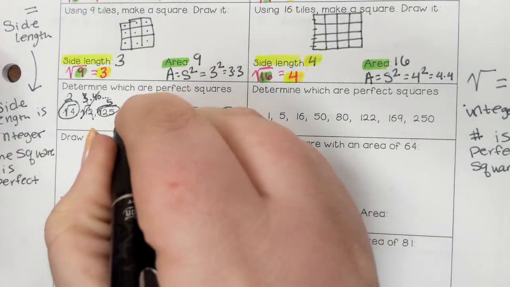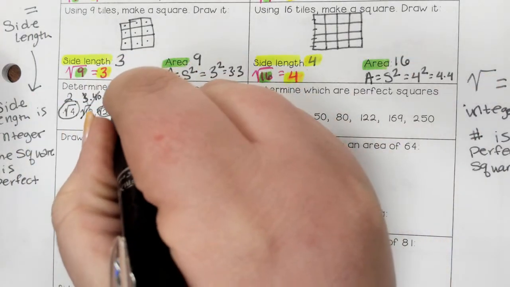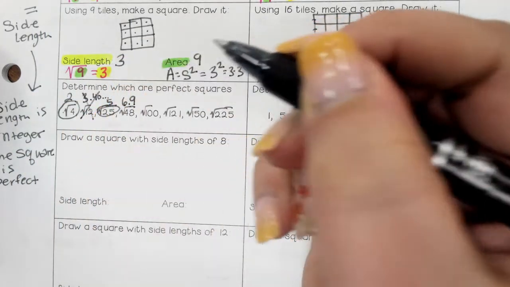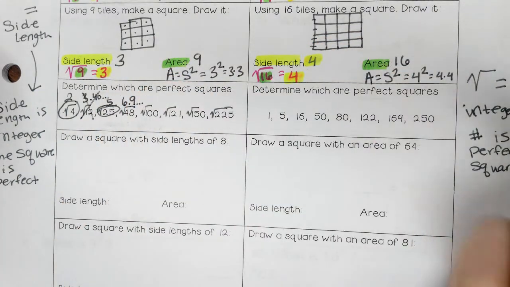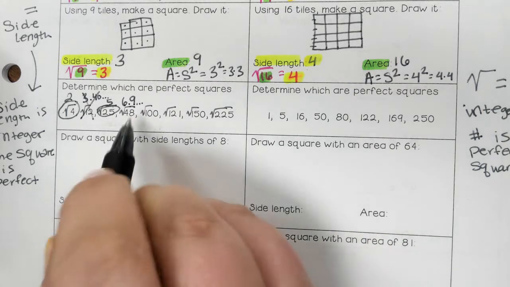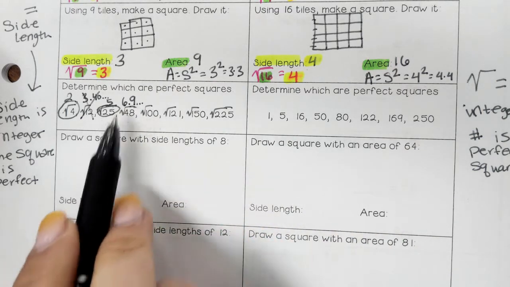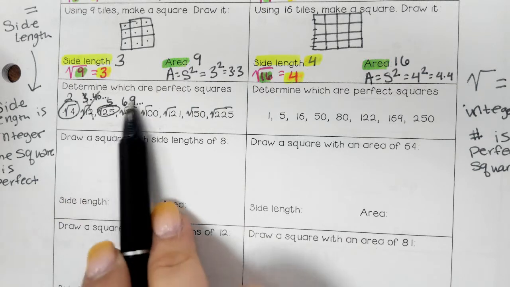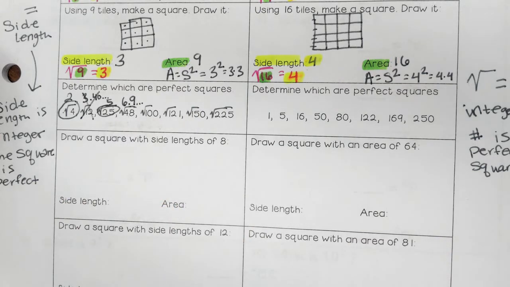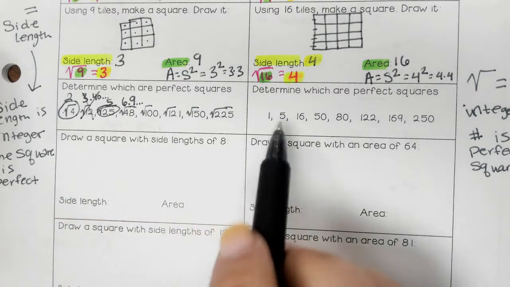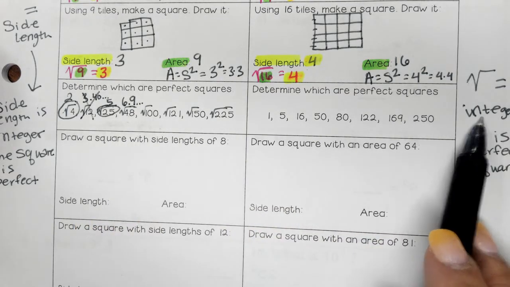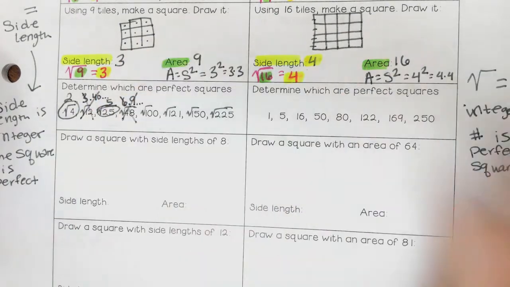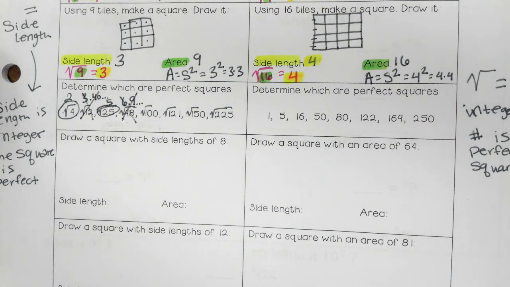The square root of 48 is about 6.9, and then that is also non-terminating because it's a square root equal to a decimal. Square roots equal to a decimal are non-terminating, non-repeating. Those are irrational numbers. We talked about that a while ago. However, since this square root is not an integer, this is not perfect. 48 is not a perfect square.